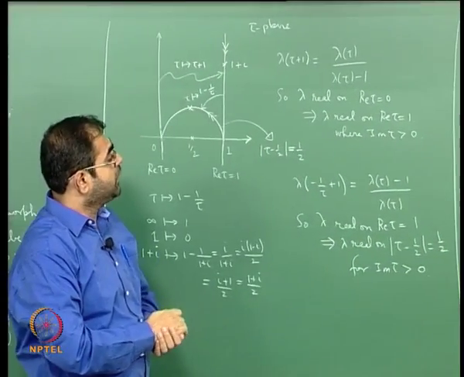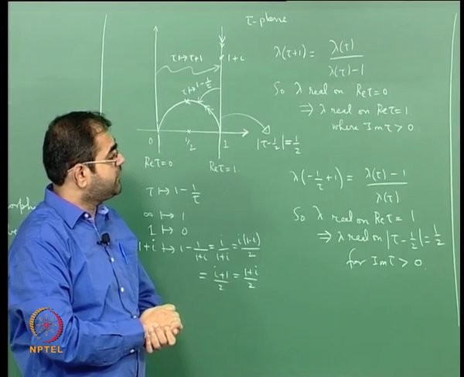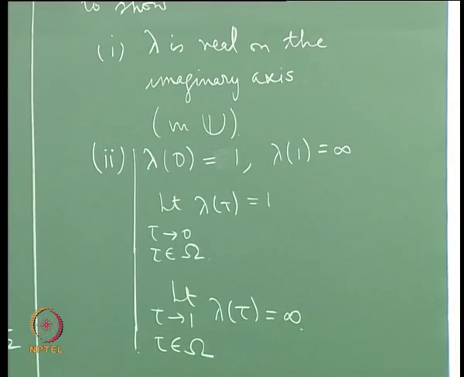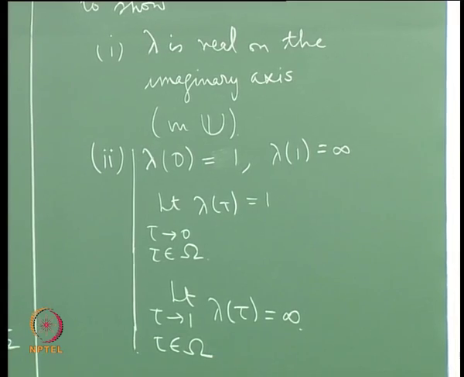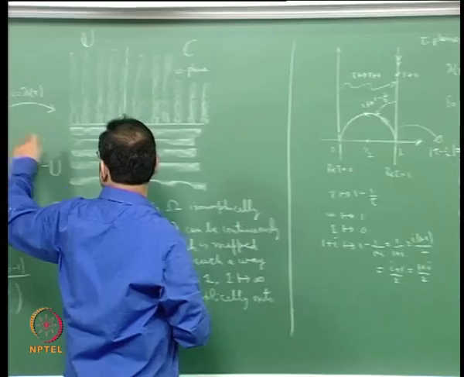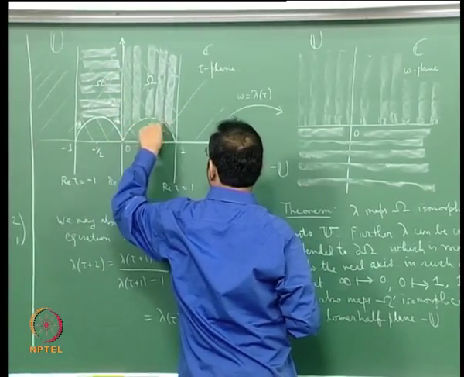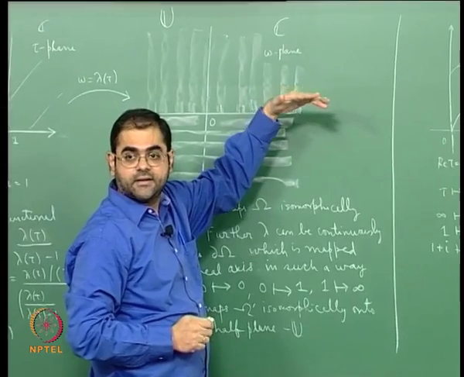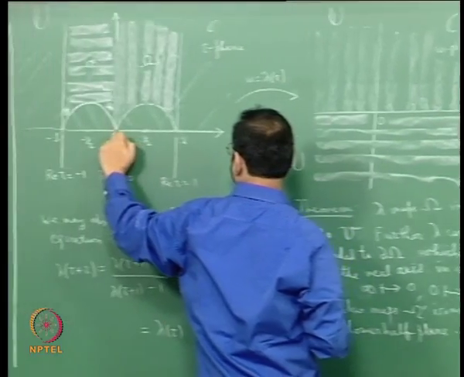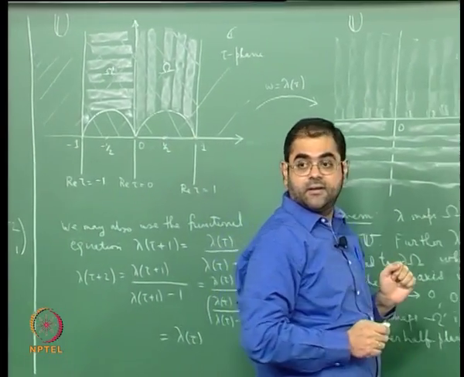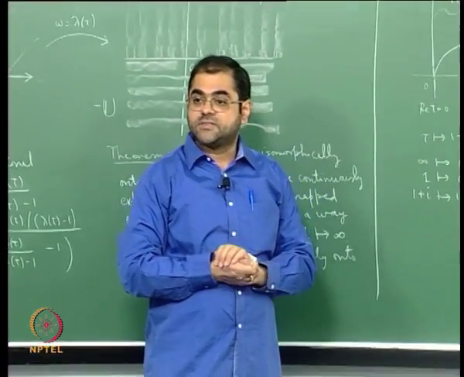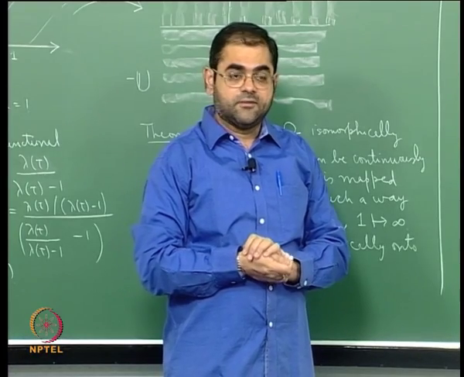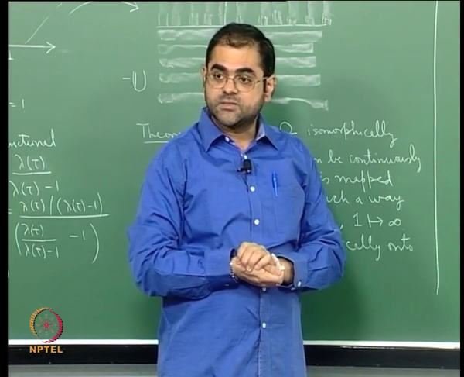So if I show this, then I will know for sure that this boundary is mapped onto the real axis, and that the only troublesome points are these 2 points, where I will have to check continuity, so that I make sure that the mapping when you extend it to the boundary is also continuous.